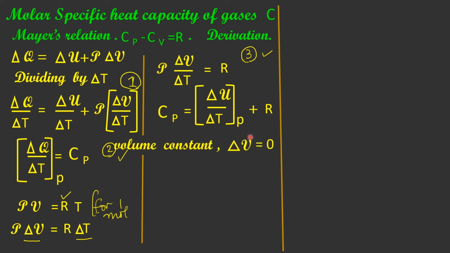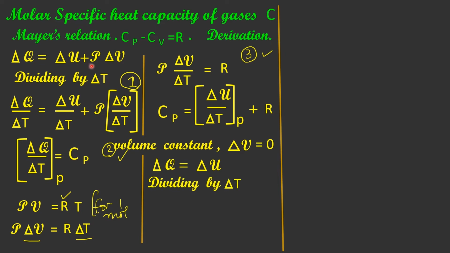When volume is constant, delta V is equal to 0, then P delta V in the thermodynamic equation becomes 0. That is, no work is done. Then delta Q is equal to delta U because P delta V becomes 0.